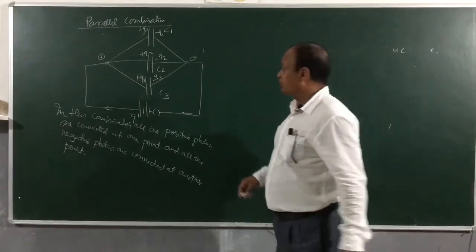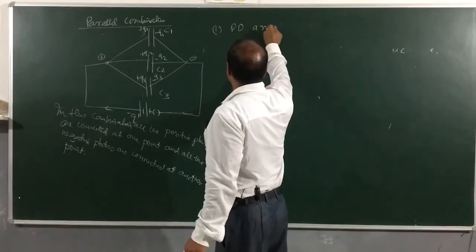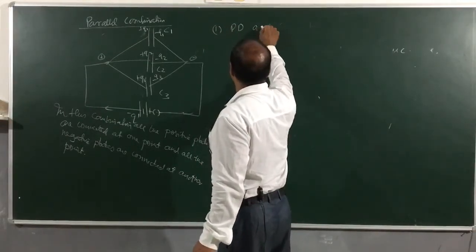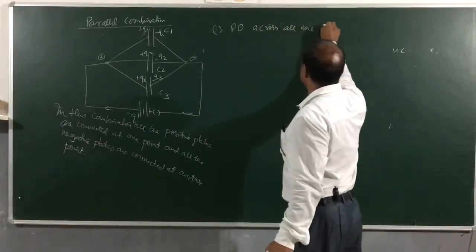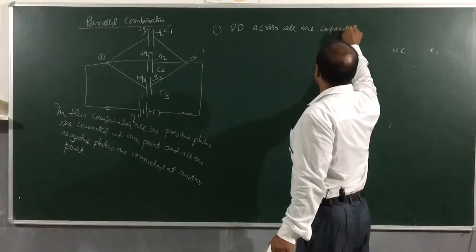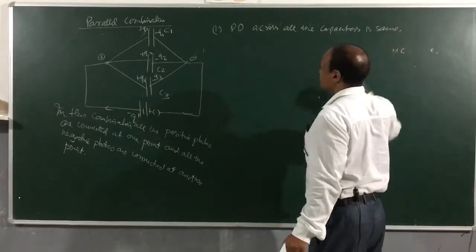So in parallel combination, what did we learn, children? Number one, potential difference across all the capacitors is the same. That's number one.